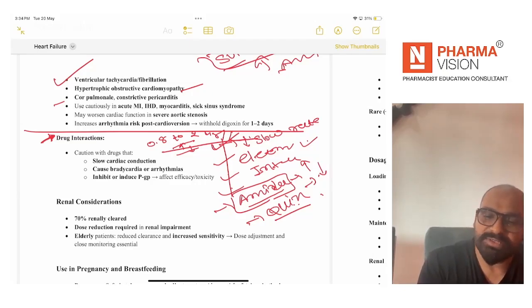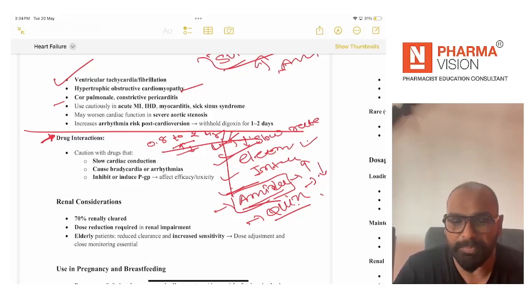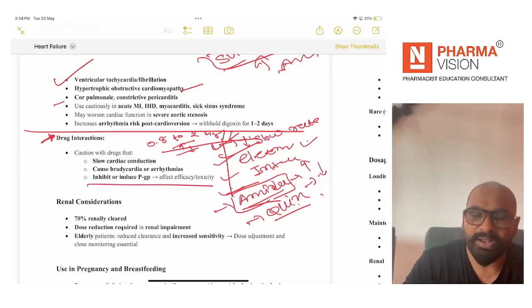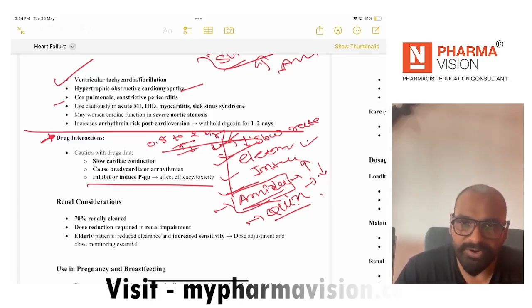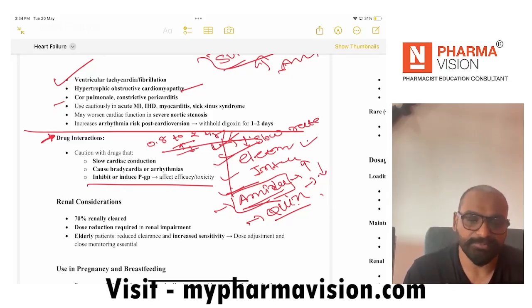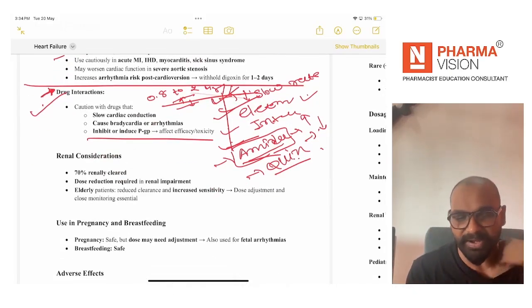So these are the possible ways of drug interaction to keep in mind. Also, inhibiting and inducing P-glycoprotein changes the digoxin concentration. So digoxin drug interaction is another important concept to keep in mind.